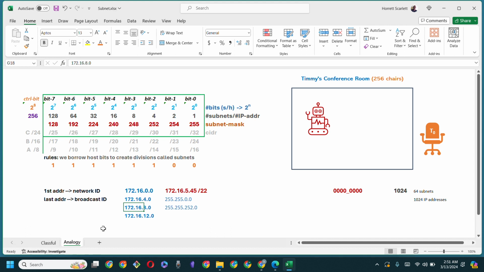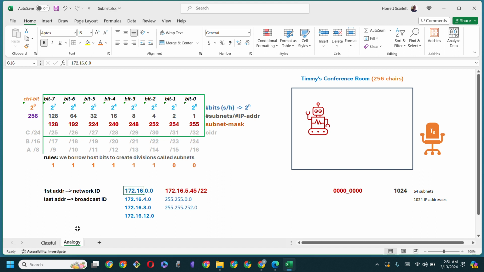So it has to fall within that range. Because 172.16.8.0 is a new network, this IP address is supposed to fall into the 172.16.4.0 network.